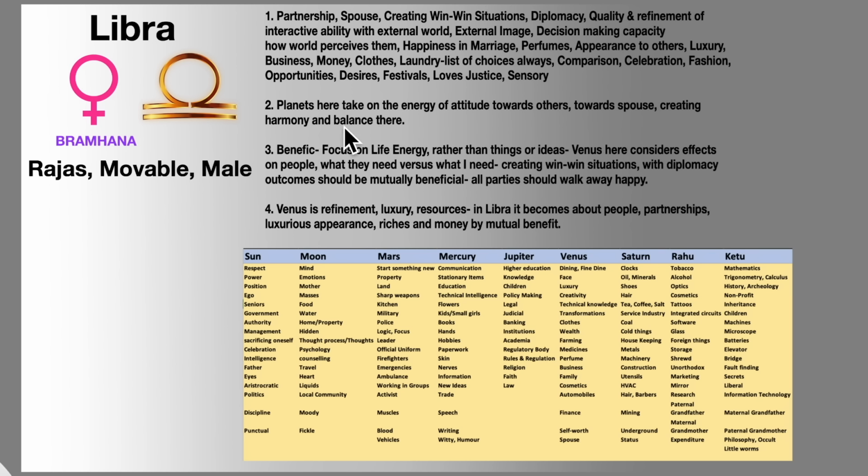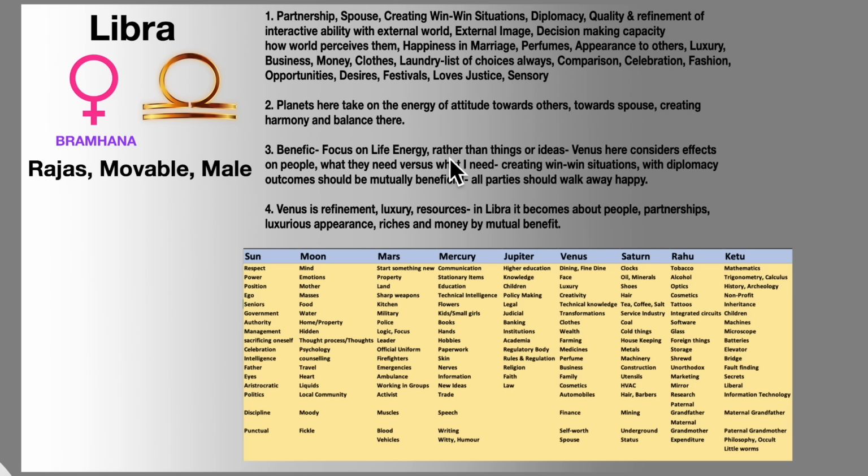That area wherever Libra falls, you need to create balance there, and it will depend upon these Karakas. It's a benefic planet, natural, Brahmana. It focuses on life energy rather than things or ideas. This is the reason why if there is Moon, Mercury, Jupiter, or Venus itself sitting in Libra, it is good because they are all focused on life energy.